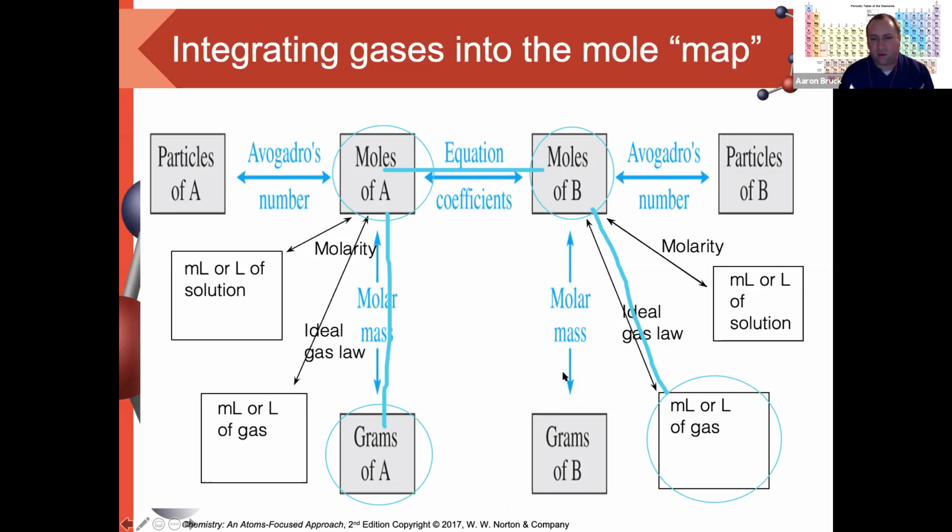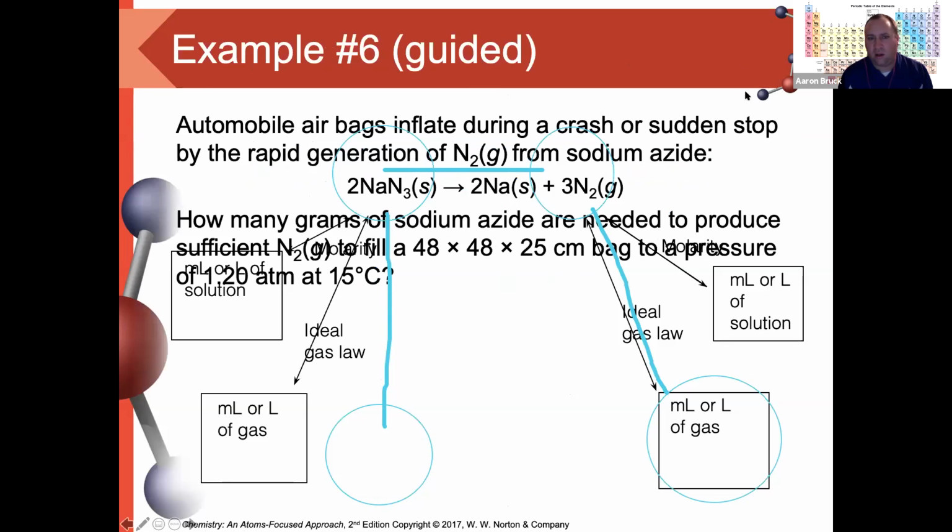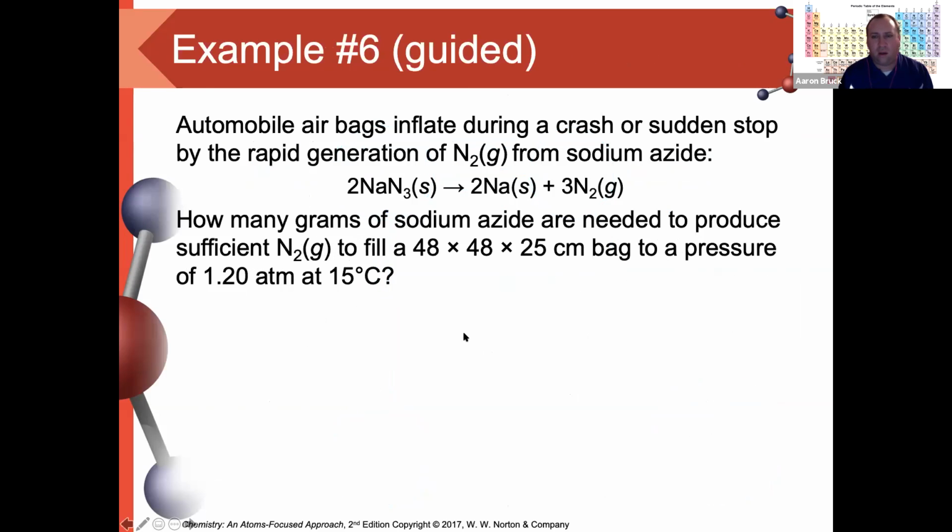And so if we have this here, we've got a pressure, 1.20 atmospheres. We've got a temperature, we just need to convert it into Kelvin. And if we do this multiplication, that would give us a volume of the bag in centimeters cubed.